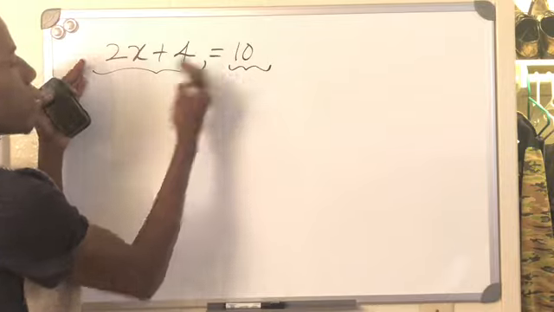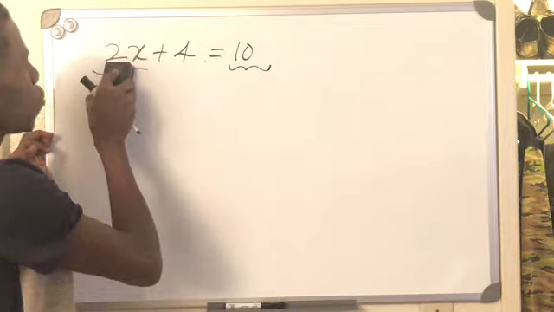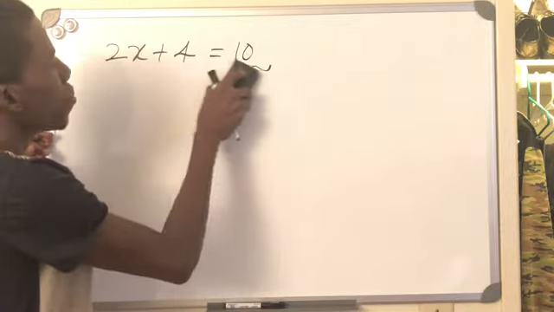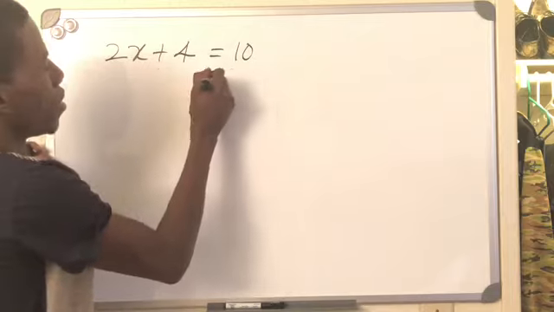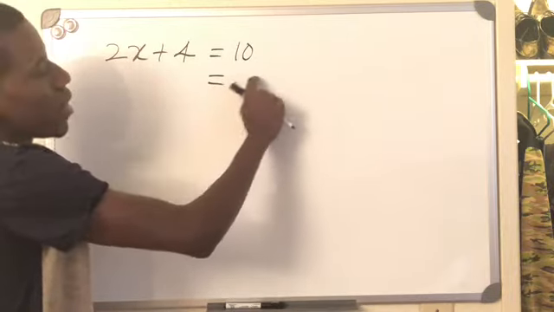So we need to get rid of this 4 and this 2 so we can solve for the x. We only need x on this side. Everything else has to be on the right side.